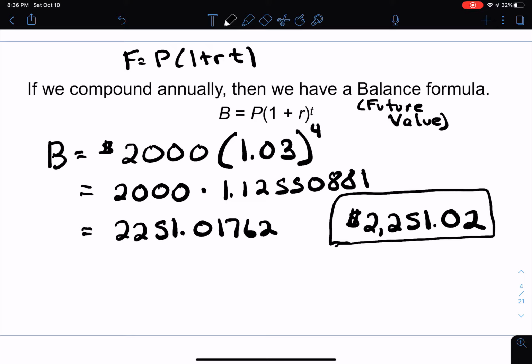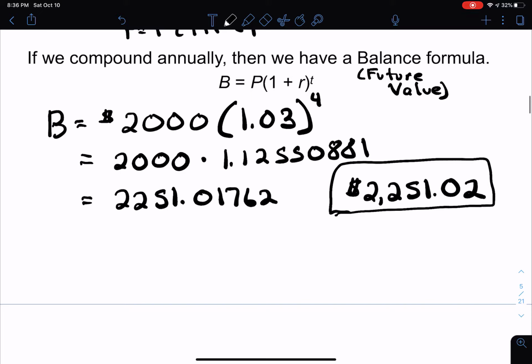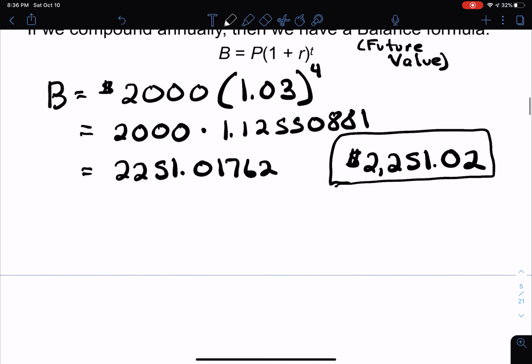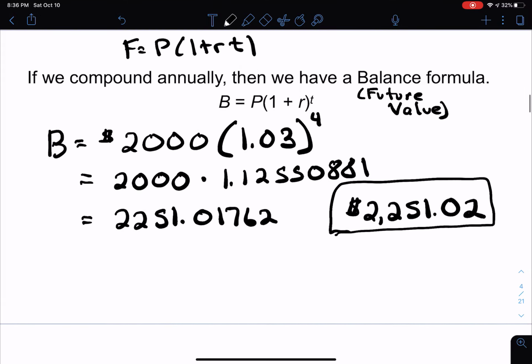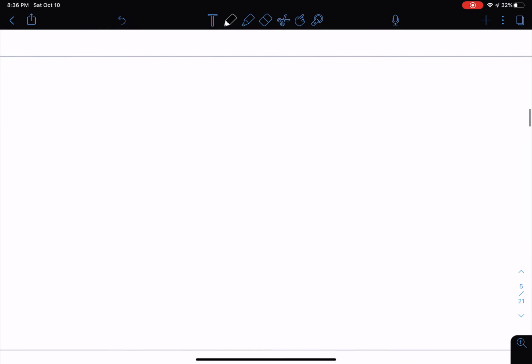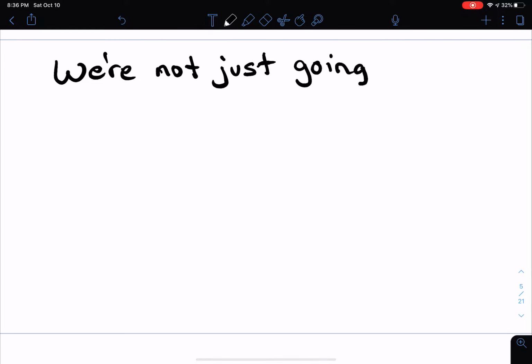So let's see, I was debating whether to do another example with you on that, but you know what? I'm not going to. I'm going to move on now and talk about the fact that we're not just going to look at compounding annually.